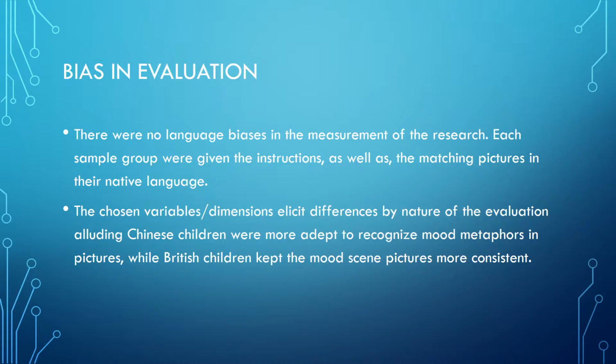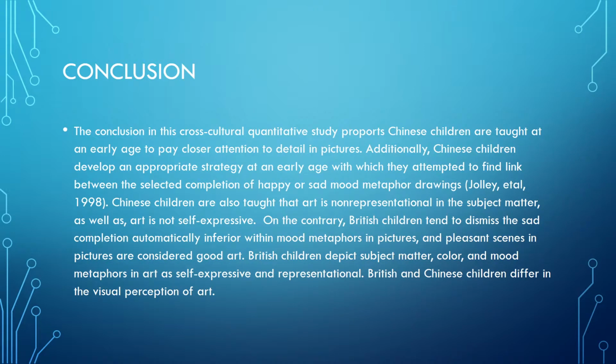Each sample group was given the instructions as well as the matching pictures in their native language. The chosen variables and dimensions elicit differences by nature of the evaluation, alluding that Chinese children were more adept at recognizing mood metaphors in pictures, whereas British children kept the mood scene pictures more consistent.